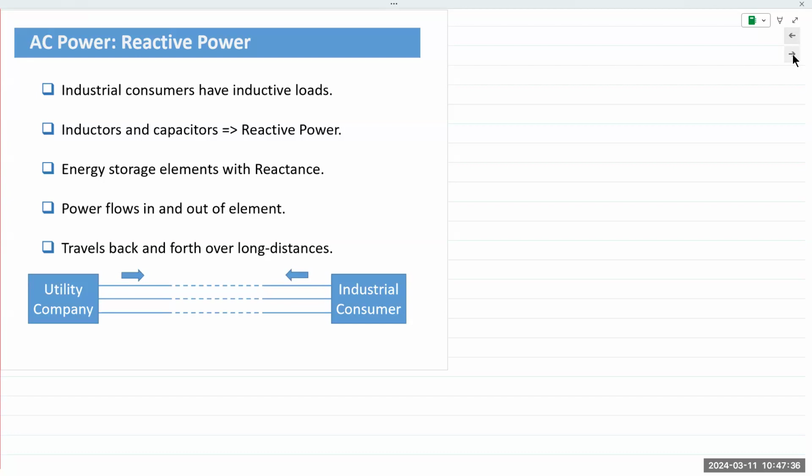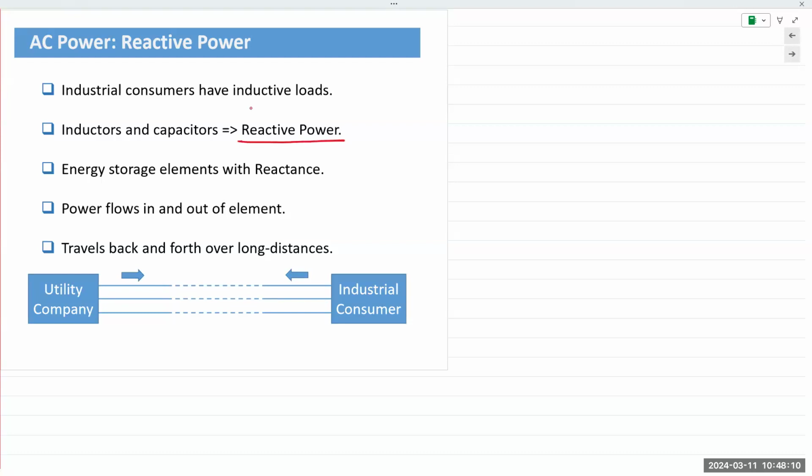So just as resistors have real power associated with them, so do inductors and capacitors. Because they have reactance, they have reactive power associated with that reactance. And that is where the big difference lies between an industrial customer and a residential customer. Okay. Industrial customers have reactances to deal with, which are associated with reactive power. And this reactive power is a big deal.